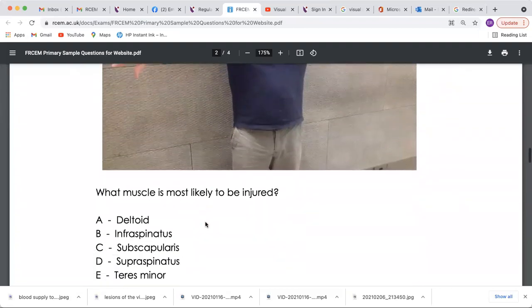Just read through it. And the other tests you might also need to know: special tests in case of infraspinatus we do resisted external rotation. For subscapularis we do a test called Gerber's lift-off test. There is no specific test for teres minor, to my knowledge.